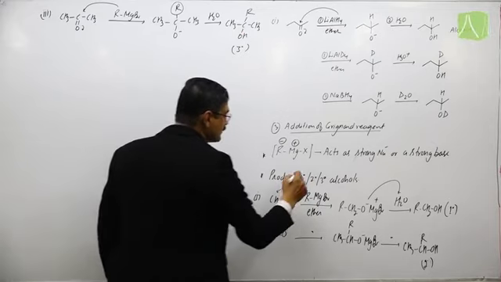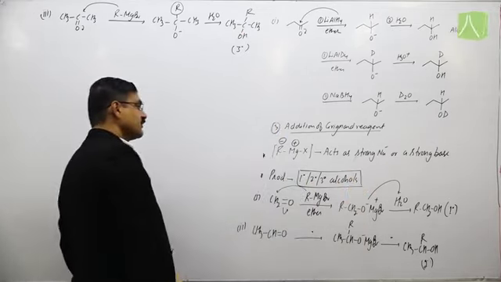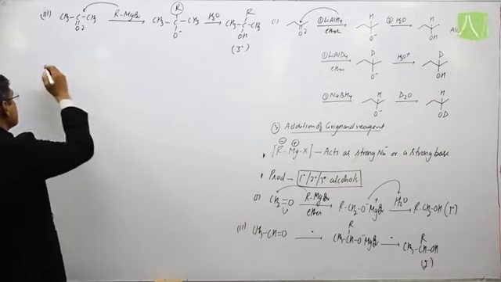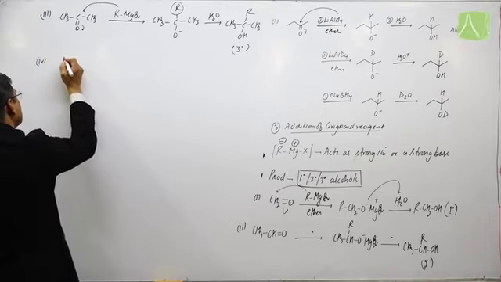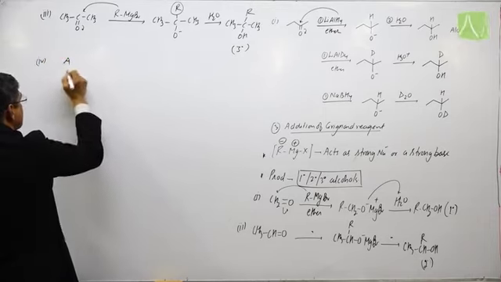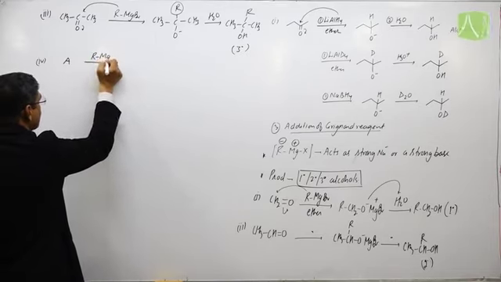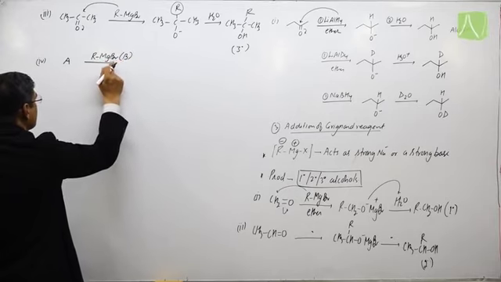So we can produce 1, 2, 3-degree alcohols by reaction of carbonyl compounds with Grignard reagents. So next question is for you. Suppose a carbonyl compound is taken. B is the Grignard reagent.